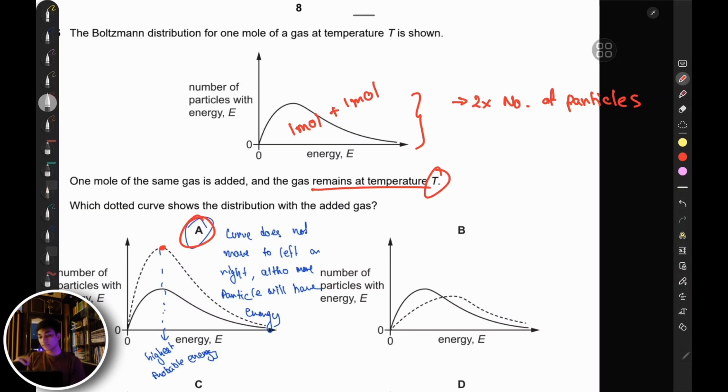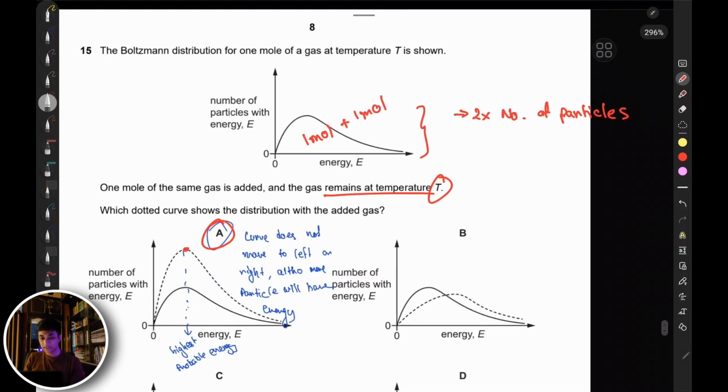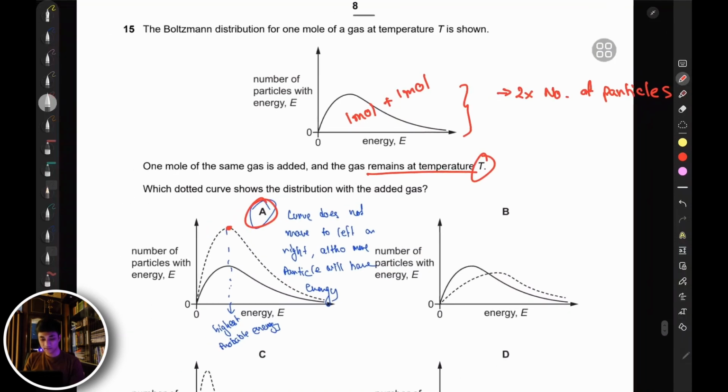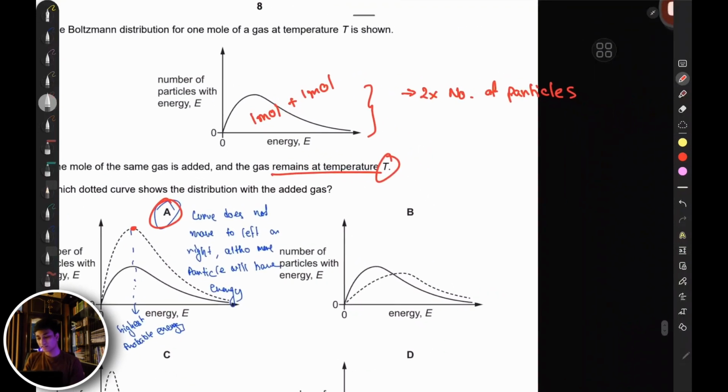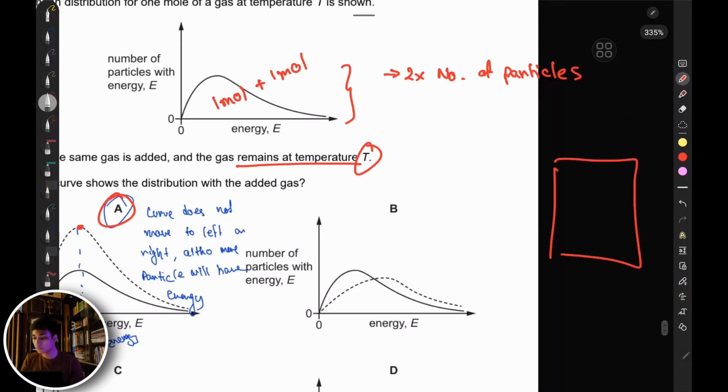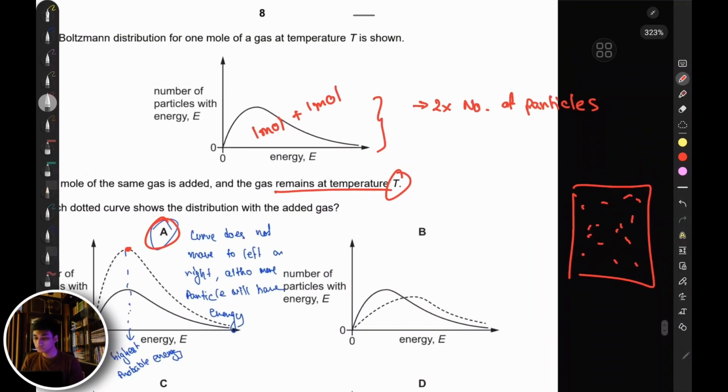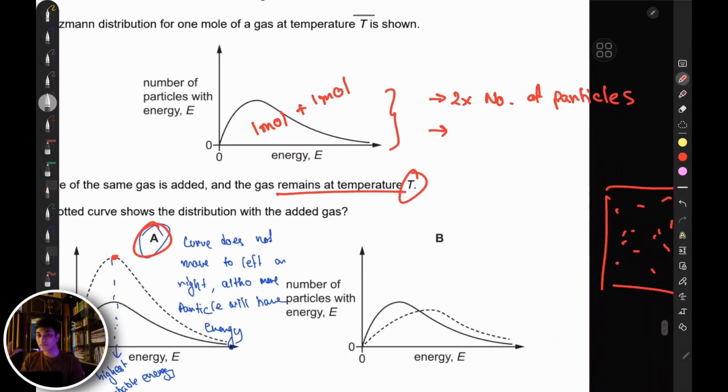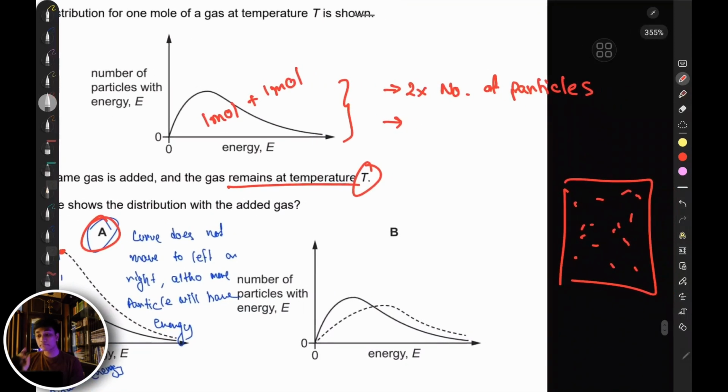So if they have done that, inside whatever it is, let's say inside this box, the amount of particles has doubled. They've also given you another important piece of information: the temperature is the same. What does that mean? It means that more energy has been given.